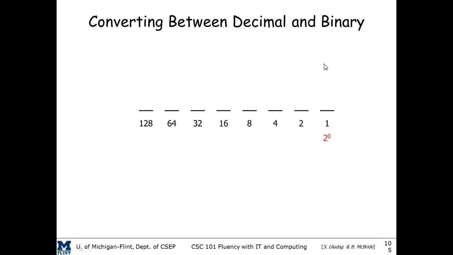So 2 to the 0 power is equal to a decimal 1. 2 to the 1 power is equal to a decimal 2. 2 to the second power is equal to a decimal 4. So on until we get to 2 to the 7th power, which is the last place value in the binary number, and 2 to the 7th power is equal to a value of 128.